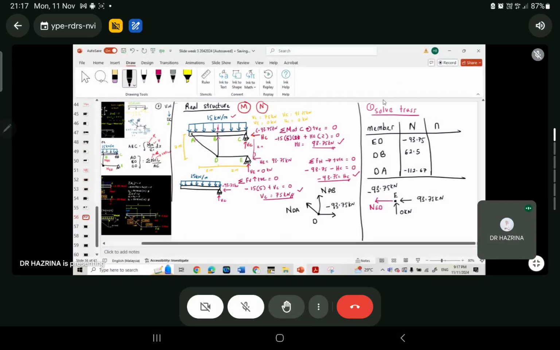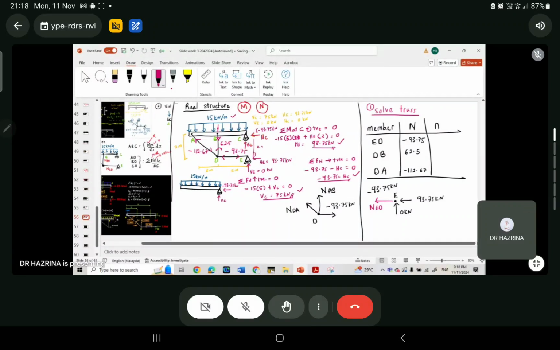So, this one ialah untuk truss system. So, here what you can see, definitely dekat sini you ada negative 93.75, and then dekat sini you will get 62.5 kilonewton, and whereby at here you akan dapat negative 112.67 kilonewton.